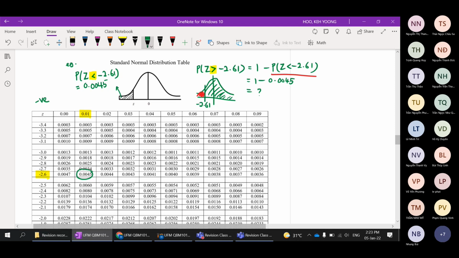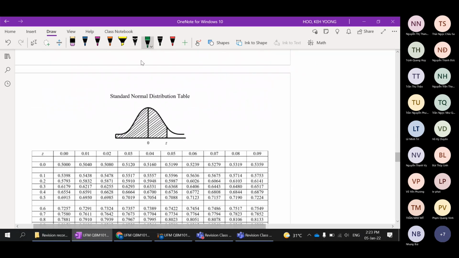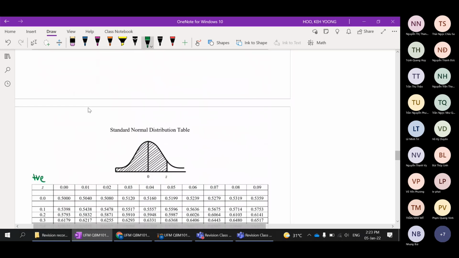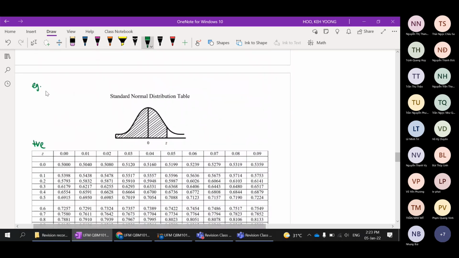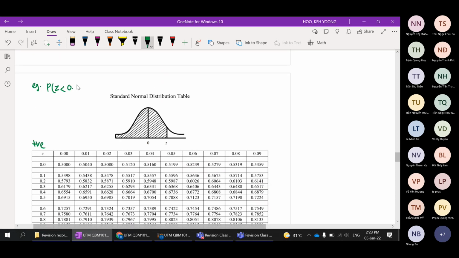This table is always telling you the areas to the left. The first page is negative values, the second page is positive values, when your Z is positive. Let's say, for example, you want to find the probability Z less than 0.58.